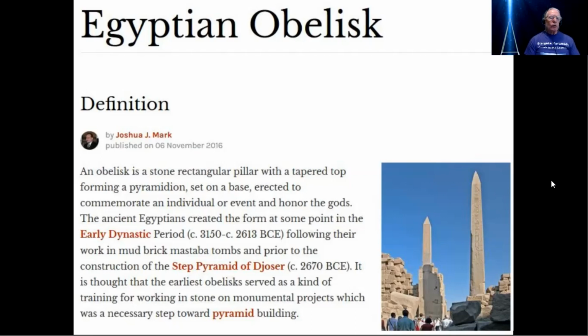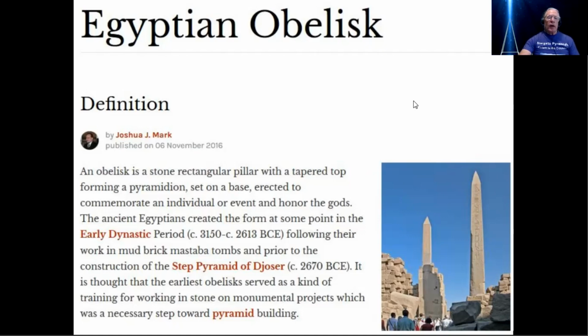The ancient Egyptians created this form at some point in the early dynastic period, which starts around 3000 BCE, following their work in mud brick mastaba tombs and prior to the construction of the step pyramids. It's thought that the earliest obelisks served as a kind of training for working in stone on monumental projects, which was a necessary step towards pyramid building.